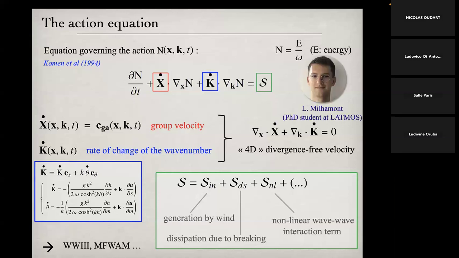Louis Milamont, who is doing his PhD at LATMOS, is now constructing a Lagrangian numerical model, which is based on this action equation in order to investigate waves in tropical cyclones.